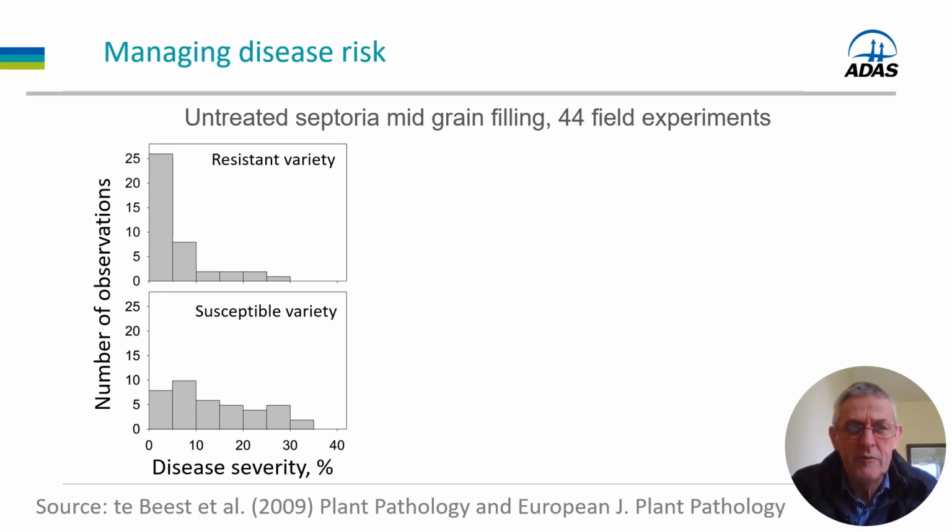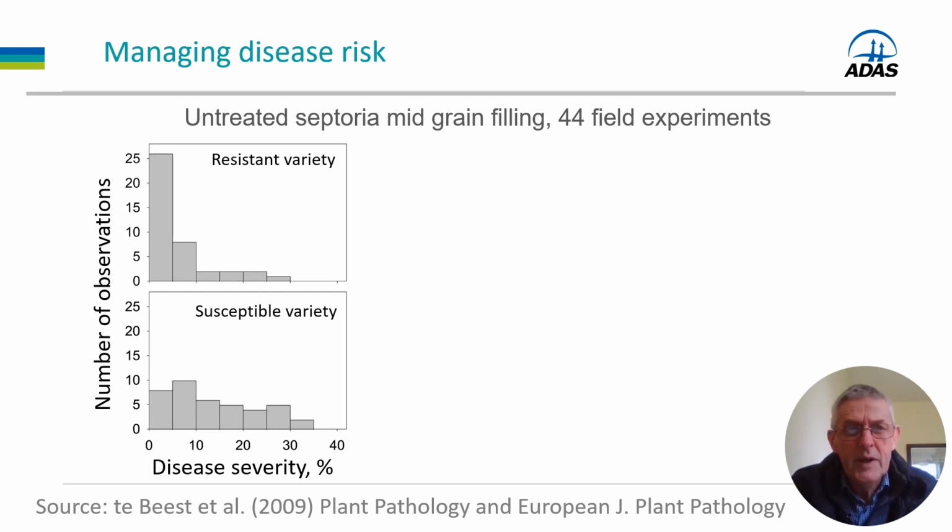So for a resistant variety in that range of sites and seasons, in the majority of cases, the disease was less than 5% on the upper leaves, but there were also cases of much more severe epidemics, even on the resistant variety. If we then contrast that to the susceptible variety in the chart at the bottom, you can see there were rather few cases where disease was not damaging and many more cases of more severe epidemics.